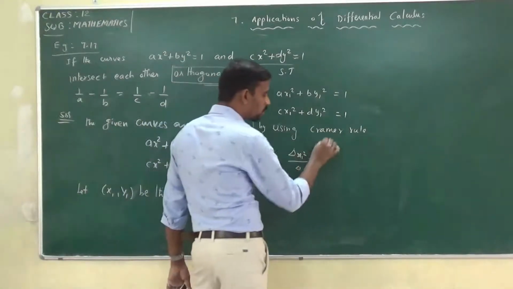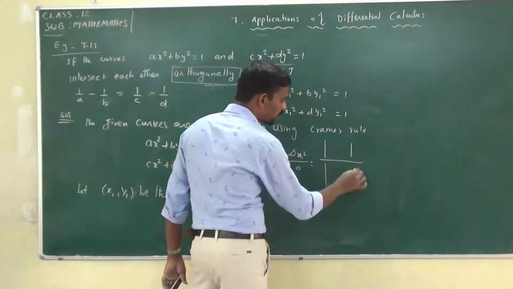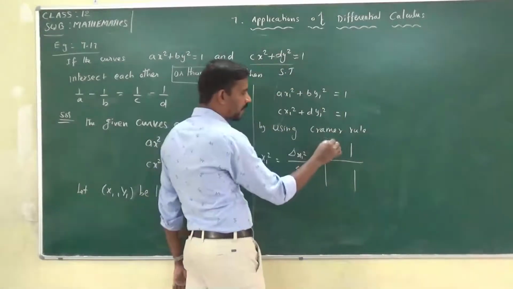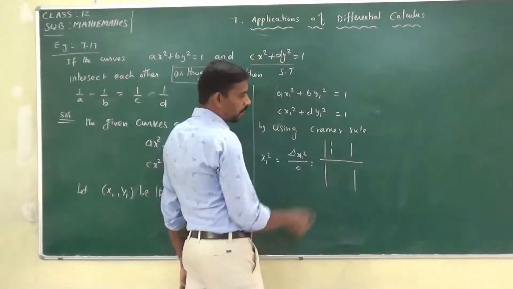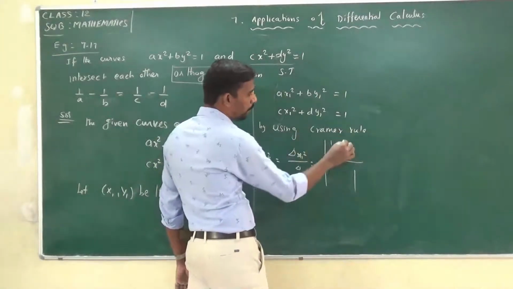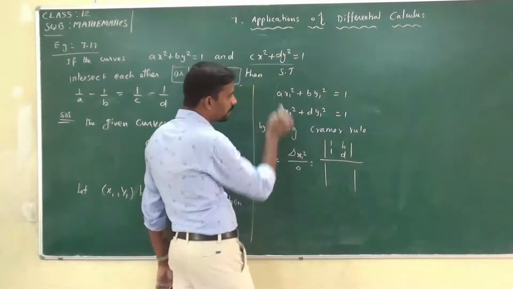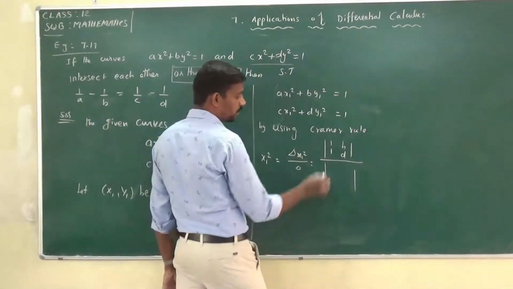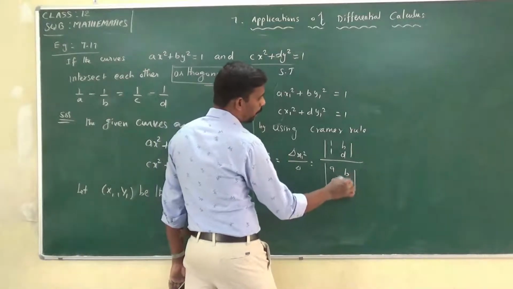What do you mean by delta x1 square? We use the determinant. For delta x1 square, instead of a, c you write the right side values 1, 1, then b, d. Here delta means you take the x1 square coefficients as well as the y1 square coefficients: a c, b d.